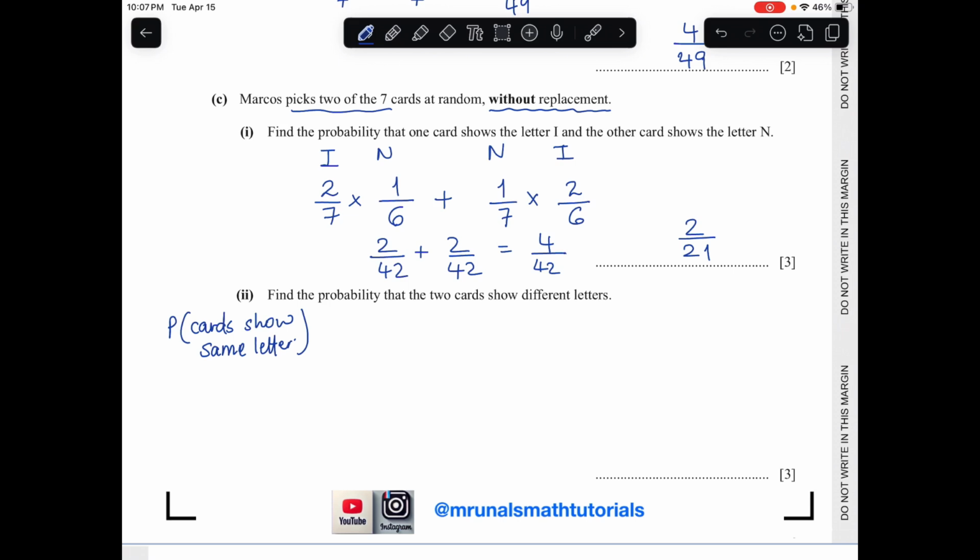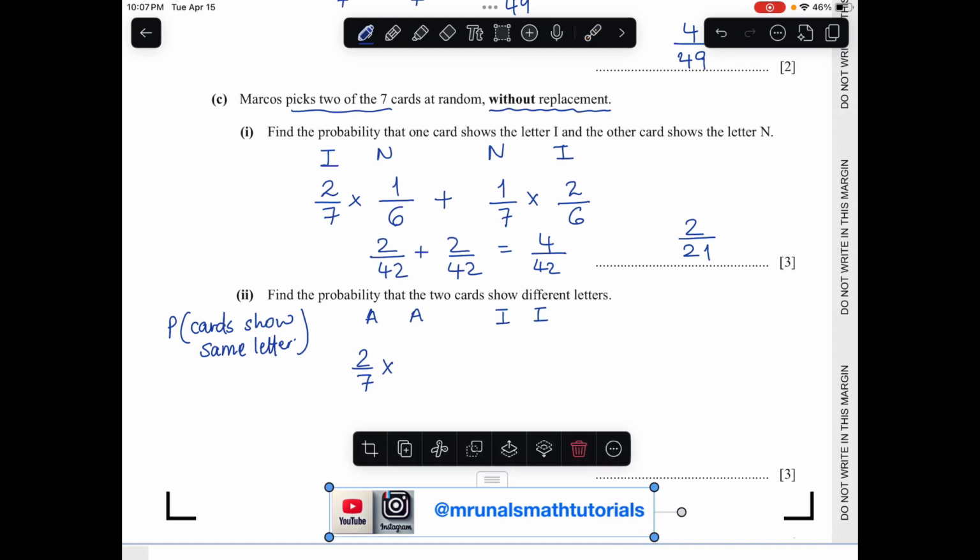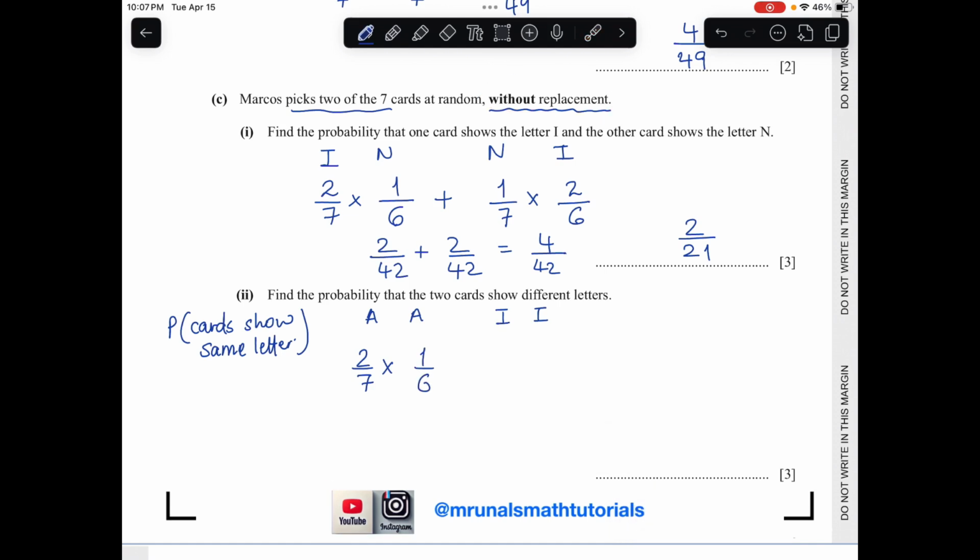Here we have a choice. We could pick both the cards with the letter A, or we could pick both the cards with the letter I. For the first card, it is going to be 2 out of 7. Again, it's without replacement, so we're going to put 1 out of 6.